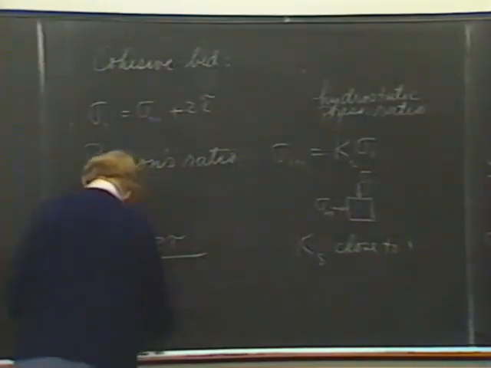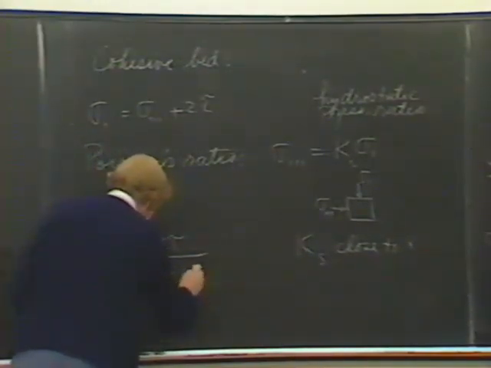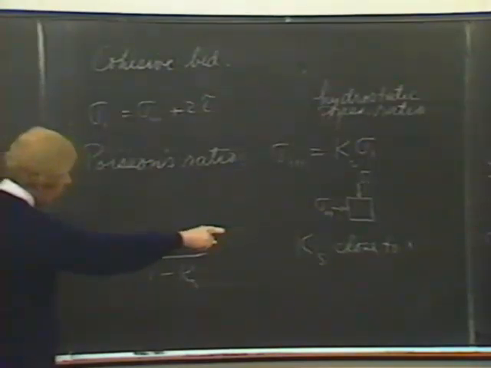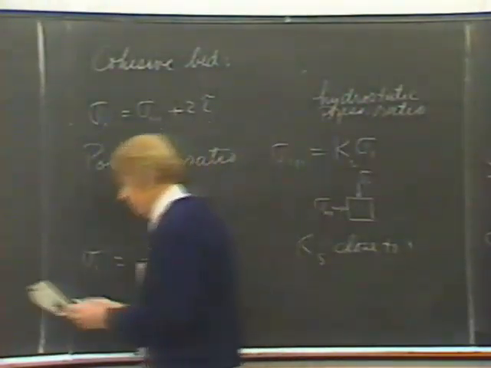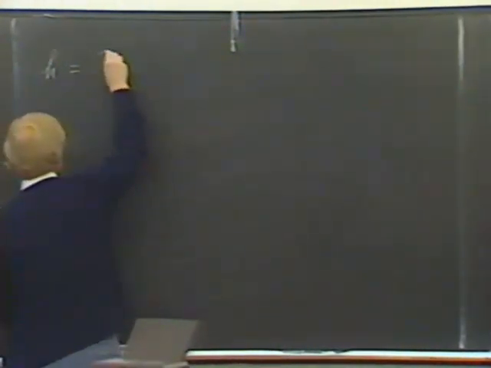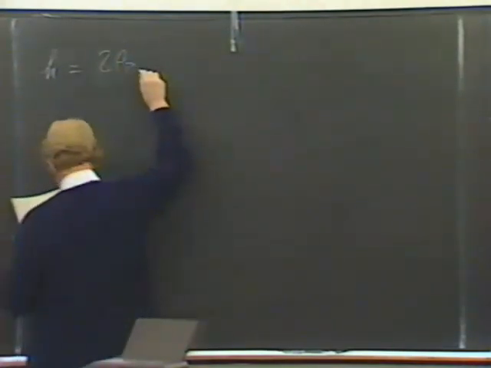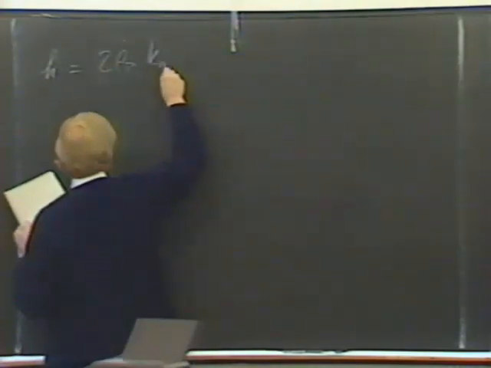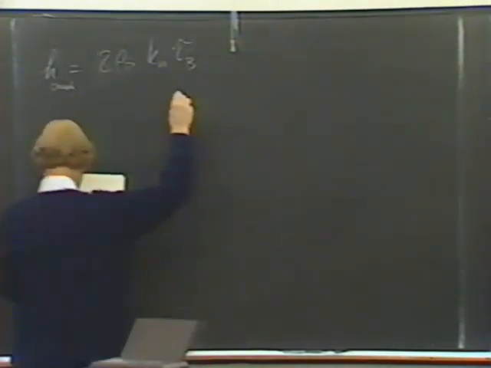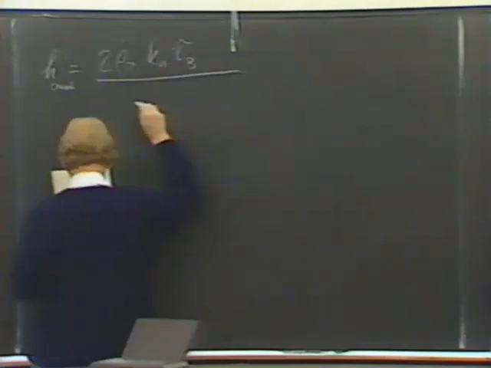And substituting that back up in this relationship, that leads to, in solving for H, H equals 2 rho sub p K sub n tau sub b, where this is H of crushing, of failure, divided by 2.5 times (1 minus K sub s) times (rho p minus rho L) G.